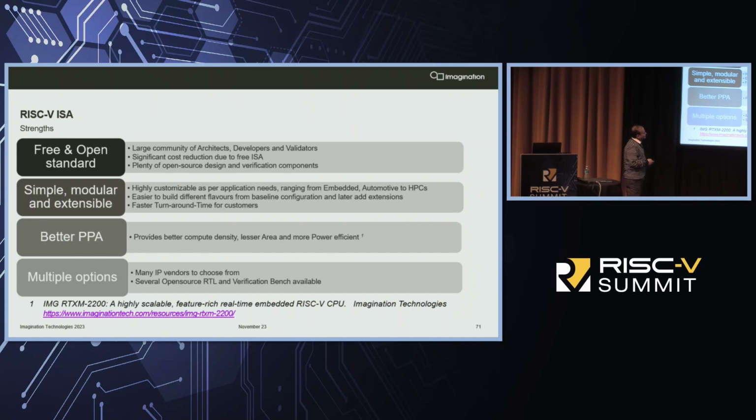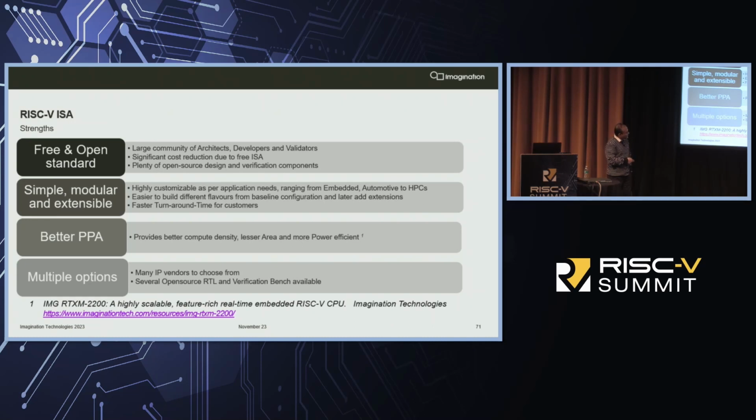Also, from Imagination's CPU development team's experience, we have seen that a CPU developed on RISC-V is a lot more power efficient, consumes less area, and has better compute density compared to our nearest competitor, the ARM solutions.